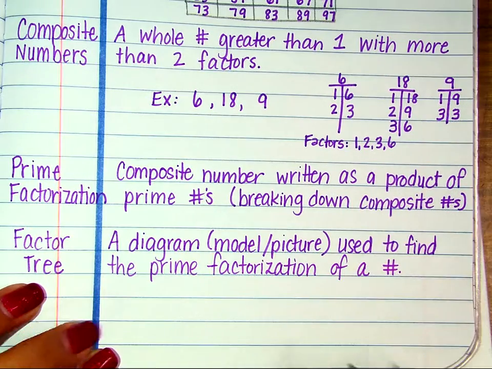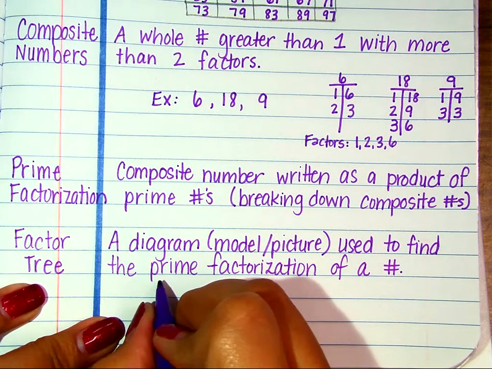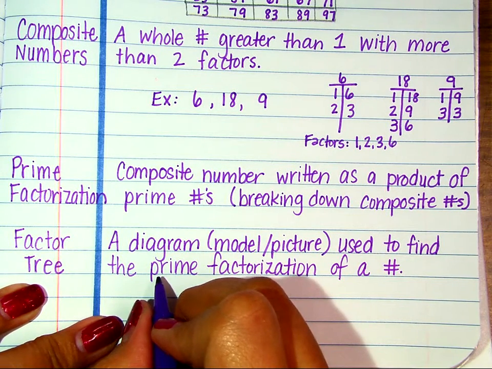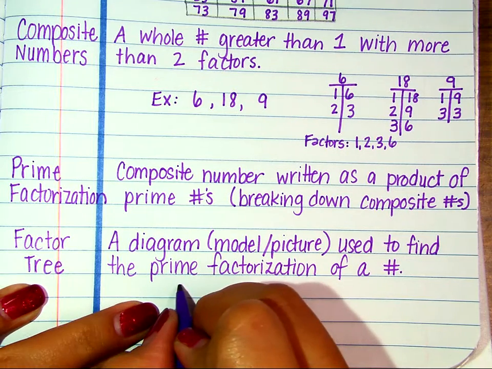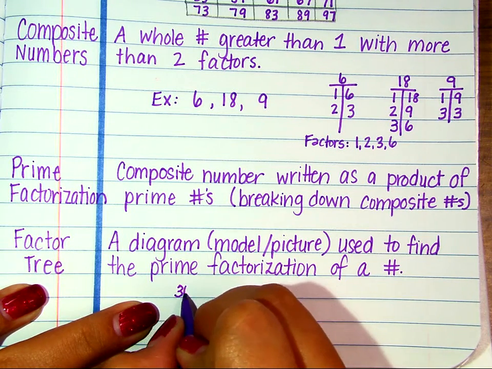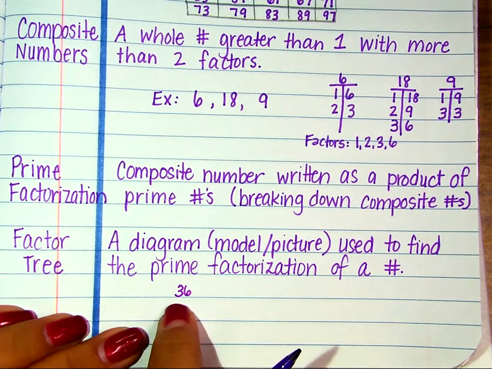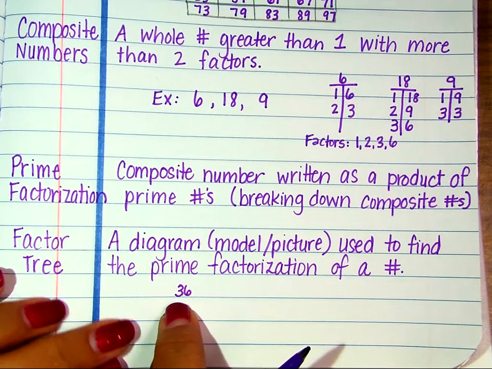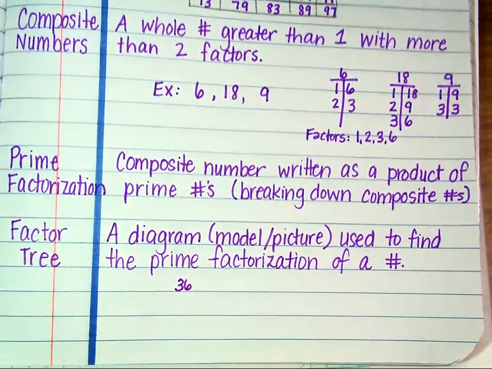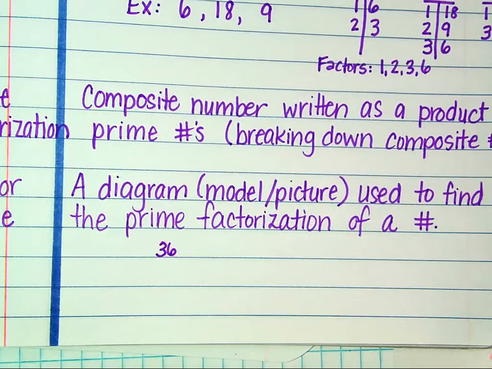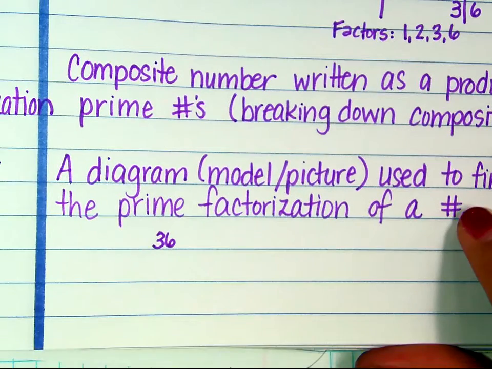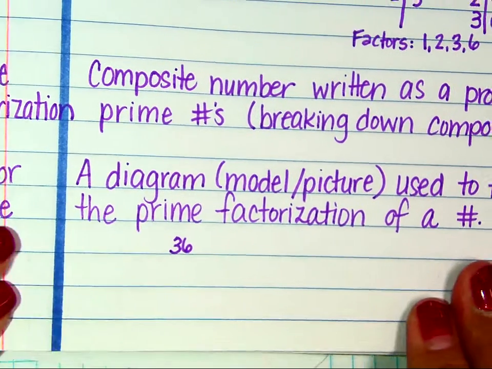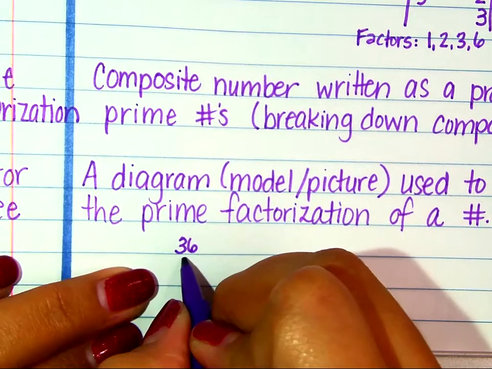So if you remember back in 5th grade, you might have done something like this. I'm going to take 36, which is a composite number, and we're going to break it down using a factor tree. There are different ways to see it.